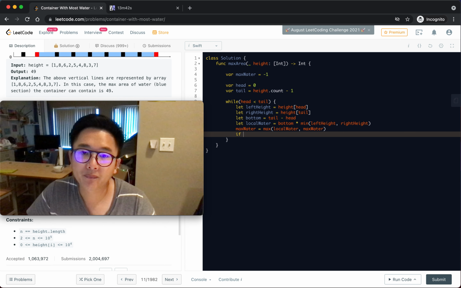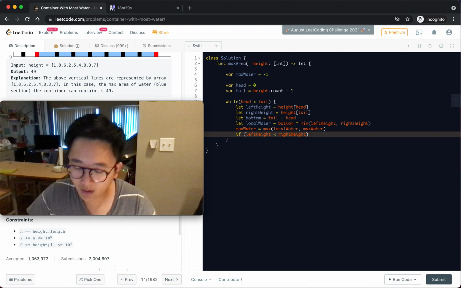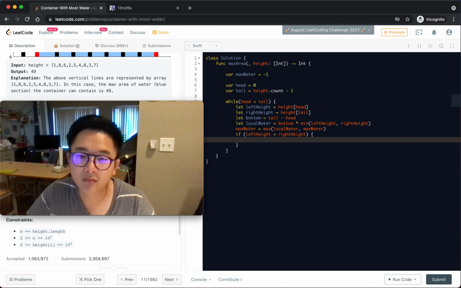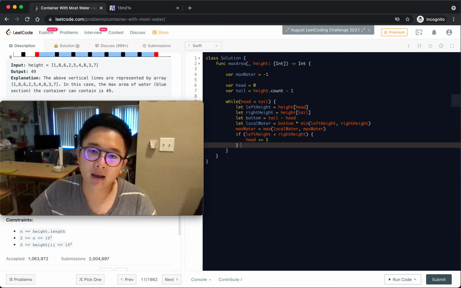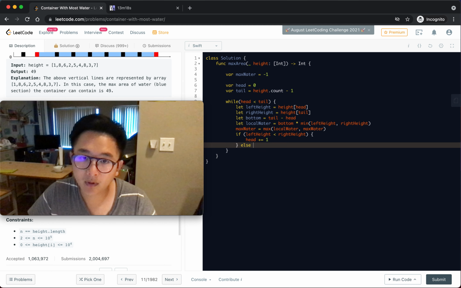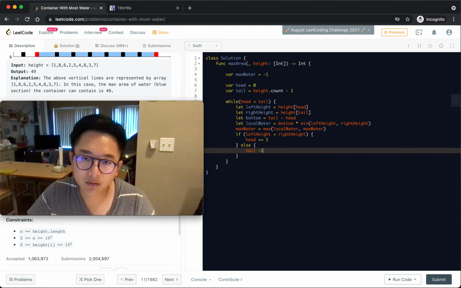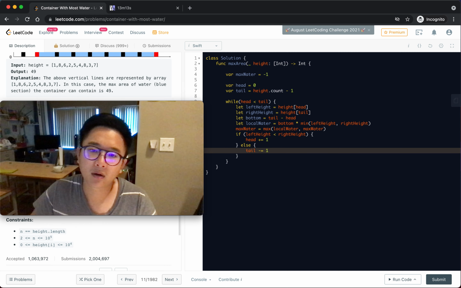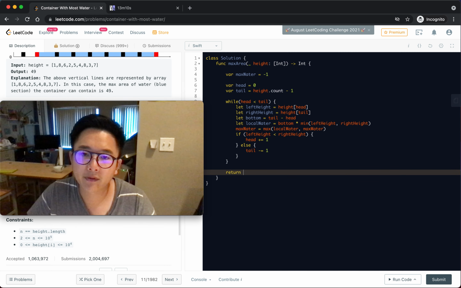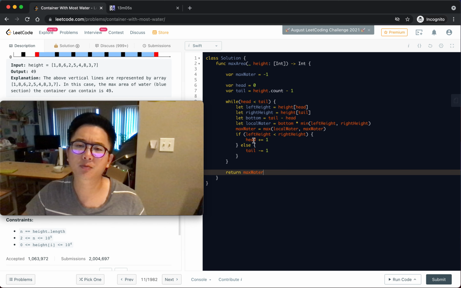So if left height is less than right height, then we move up head, and else tail minus 1. Okay, return max water. So that's pretty much it.